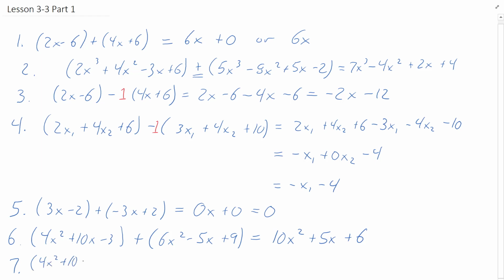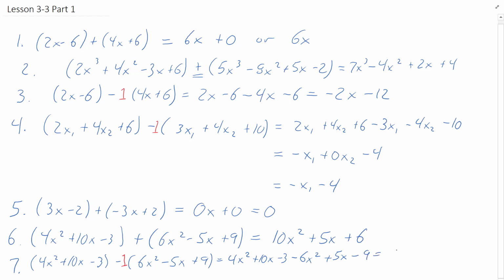and use the same two polynomials but do it as a subtraction instead, we need to remember that there really is a minus 1 in front of that second polynomial. So this is the same thing as 4x squared plus 10x minus 3 minus 6x squared now plus 5x minus 1 times a negative 5x is a plus 5x minus 9.